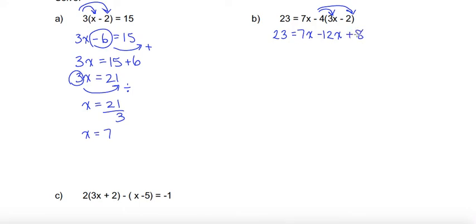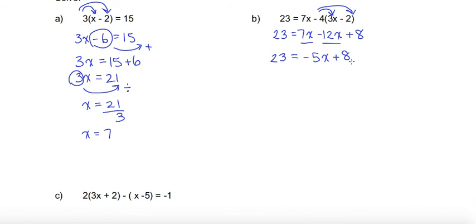So once I've eliminated those brackets, now I can simplify my like terms. I have a 7x and a negative 12x, so I can simplify those two to get one x term. So 7x take away 12x is negative 5x, and that's still being added to my 8.